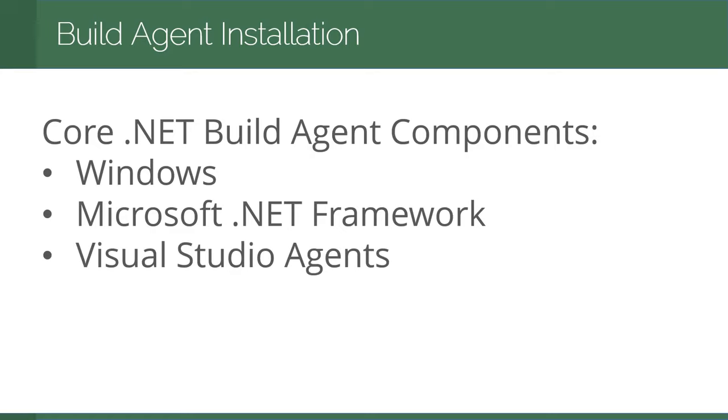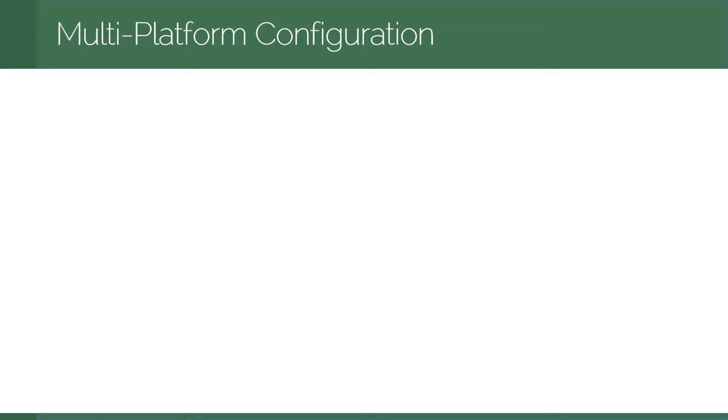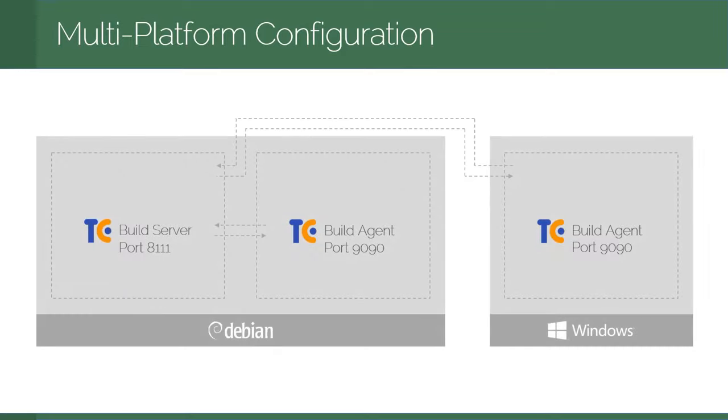We've used the Visual Studio Agents bundle to install the test agents so that we have MS Test available. And finally, we've installed the build agent package itself. Just to recap again, this is our new configuration, and this is the configuration that we'll use going through the subsequent steps in this presentation.